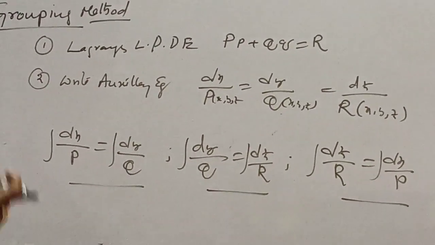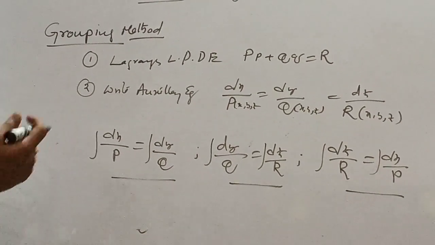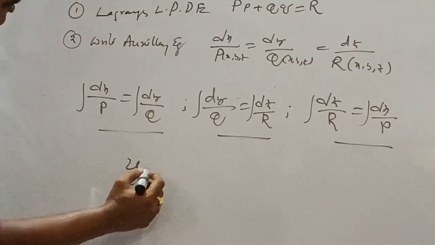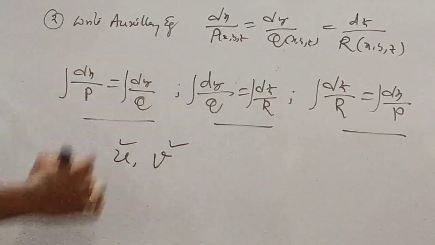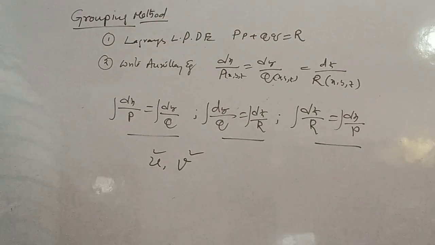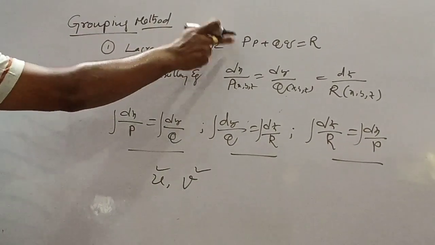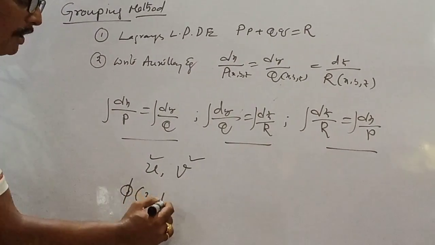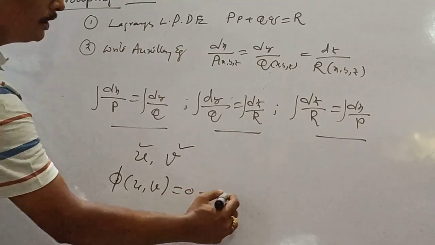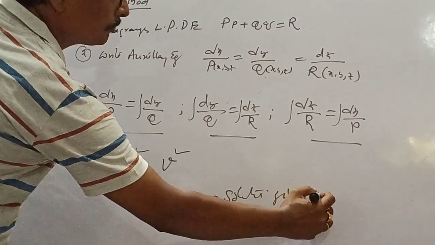Out of three solutions we require only two solutions. Suppose those two solutions are u and v, so one solution is u and the second solution is v. Only two solutions are required for writing the solution of a given PDE. So write phi of u comma v equal to 0 as the solution of the given PDE.